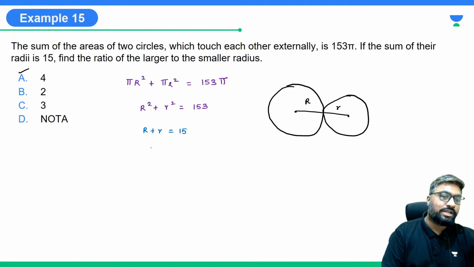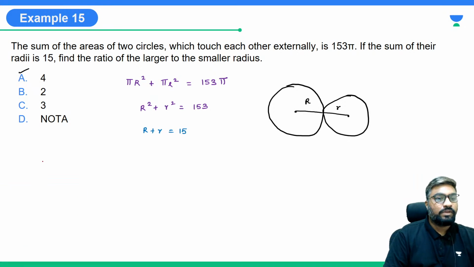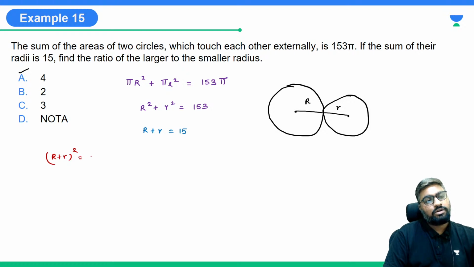If you can go trial and error, do it here. 15, 0 obviously won't work out. 14, 1, 13, 2, you can do that. Alternatively, you can go for the formula a plus b whole square. So R plus r the whole square is going to be what?